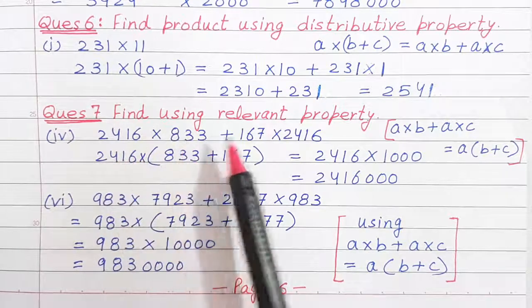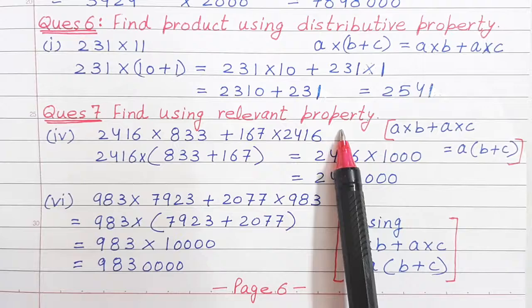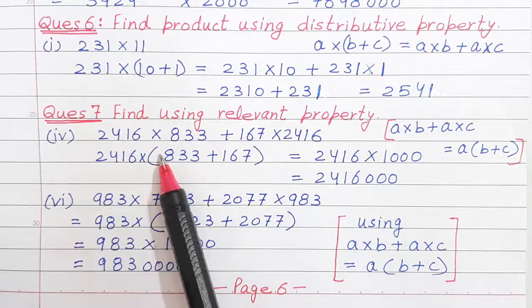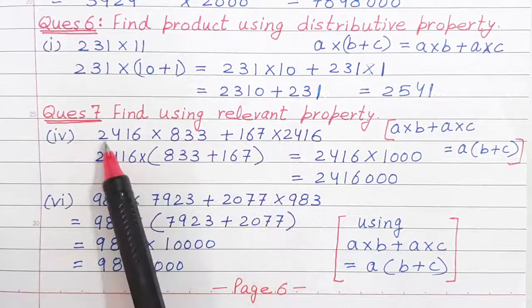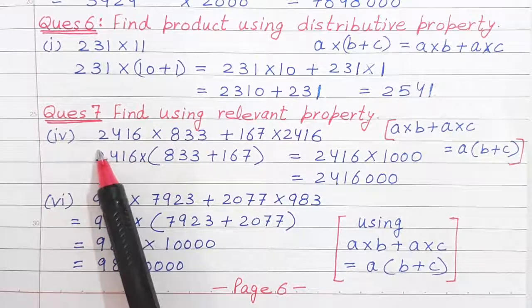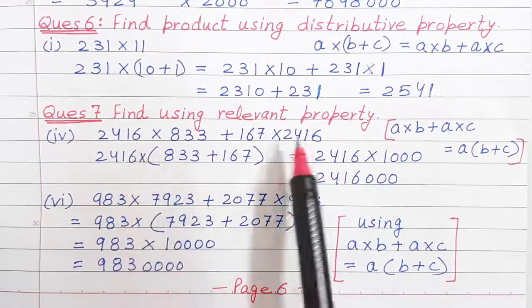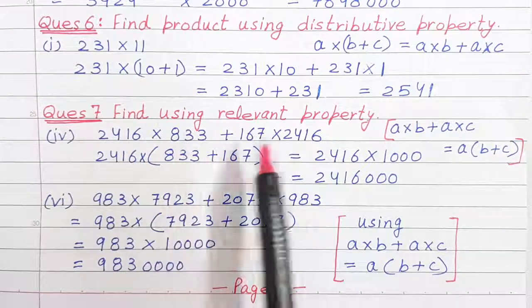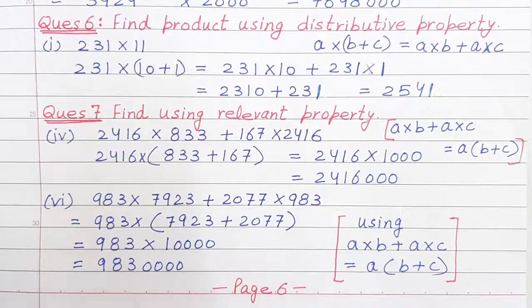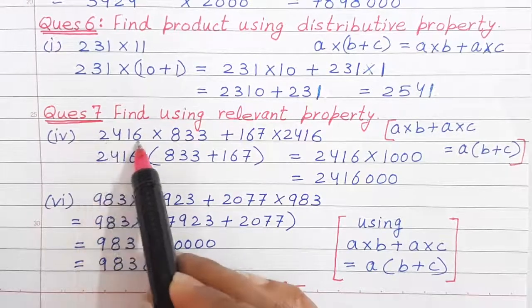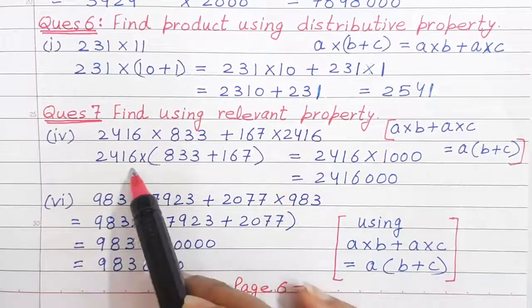Find using relevant property. Now the question here is, children, you can see in the given question, 2461 is at both the places, and in between there is a plus sign. So let us take this 2461 here and here common.